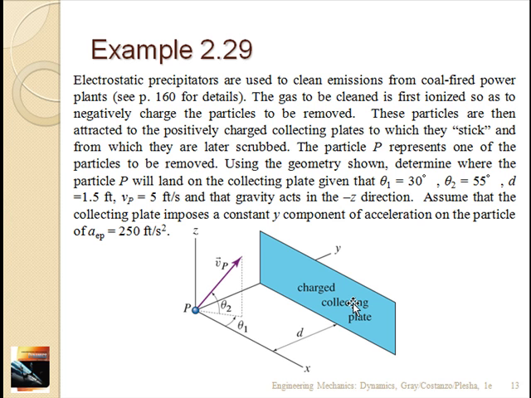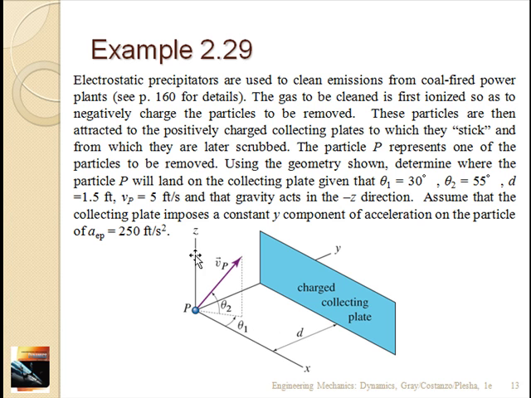All right. This plate is 1.5 feet from the x-axis, and it's in the xz plane or parallel to the xz plane. And so the force from this charged collecting plate on this charged particle gives an acceleration of 250 feet per second squared in the y direction.